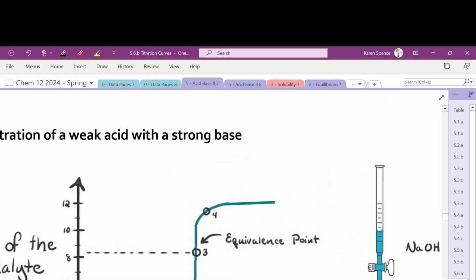Now, what is happening after the equivalence point? What is making the pH so high here?